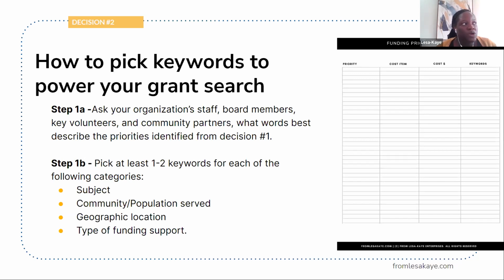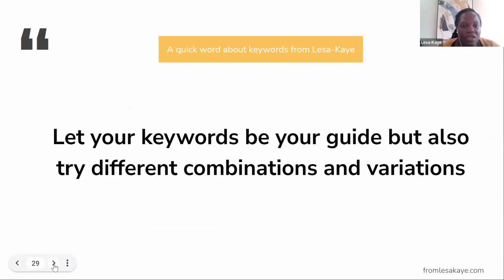So pick 1 to 2 words for each of these categories. The categories are the subject or cause, the population that you serve, the community you serve, and your geographic location, which should be pretty self-explanatory. So you may not even need to pick keywords, but make sure you include your geographic location and the type of funding support that you need, the type of grant that you need.